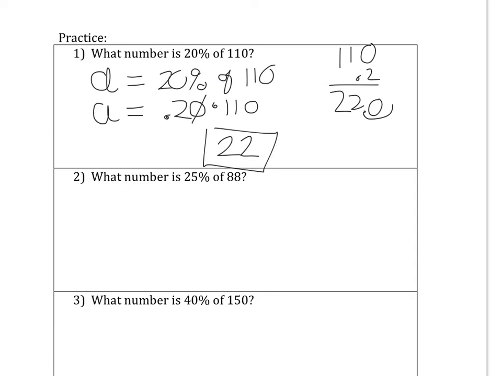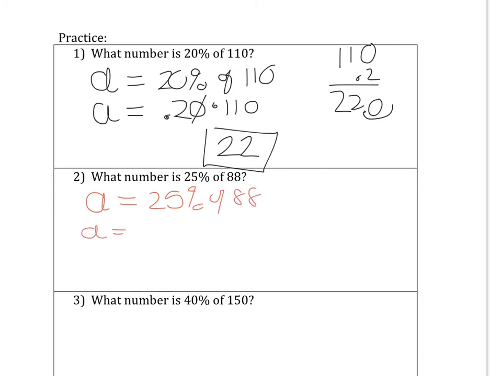Go ahead and do number 2. Put this on pause and go ahead and do it, and then check my answer. So in order to do it, we're again doing A equals 25% of 88.